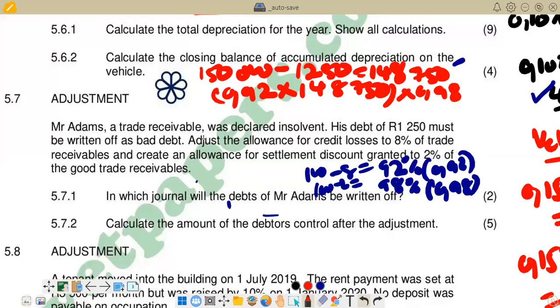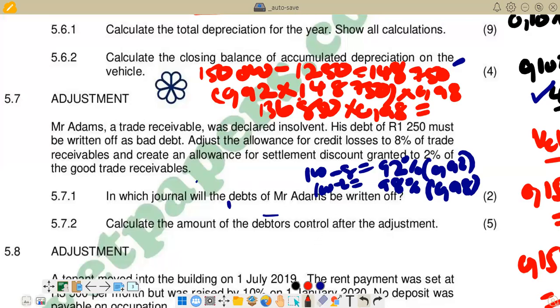When you multiply, you get 136,850. And then you multiply it again by this one, 0.98.